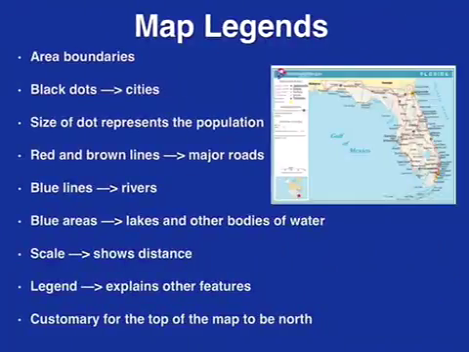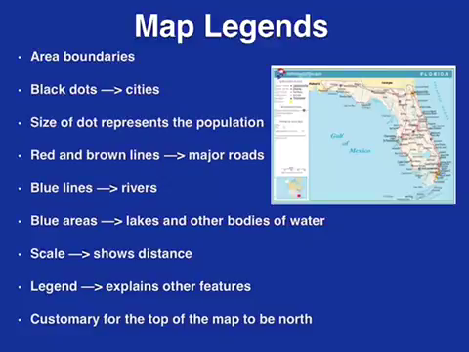One of the first things that you should notice about a map is its legend. On this particular map, the legend tells you that the black dots are cities, and the size of the dot represents the population. So the bigger the population, the bigger the dot. The red and brown lines are major roads.